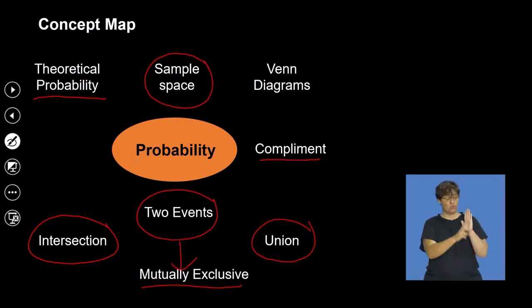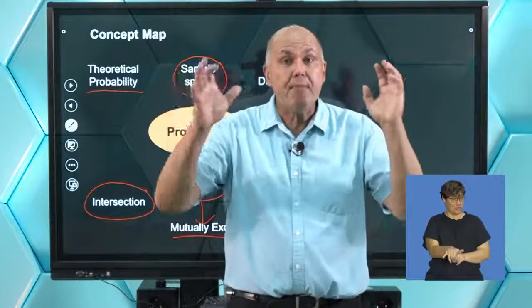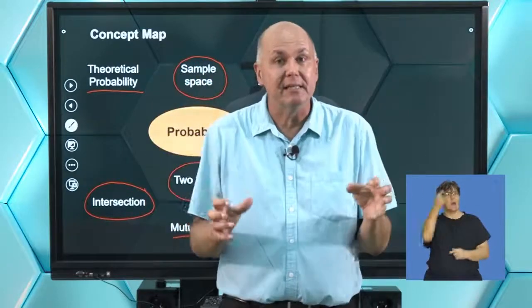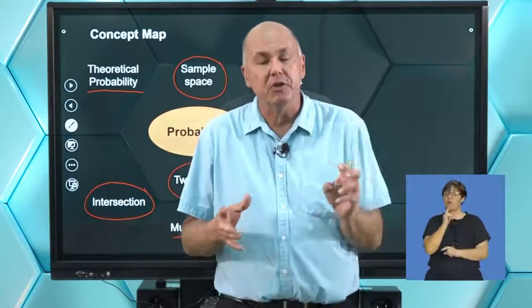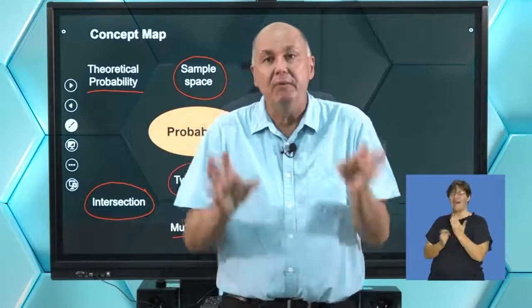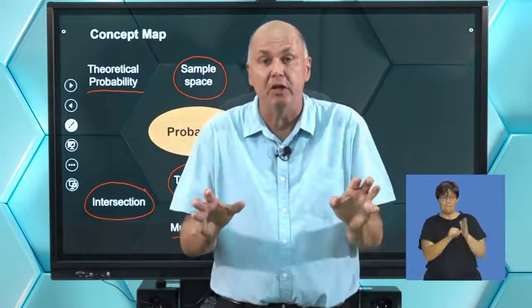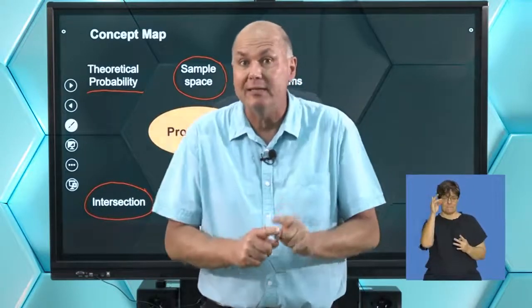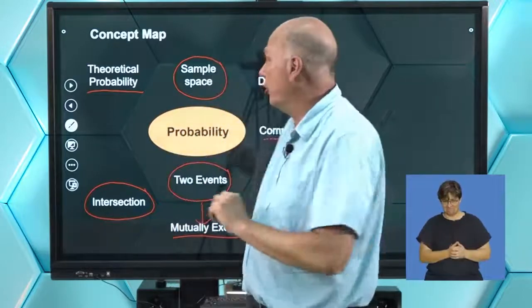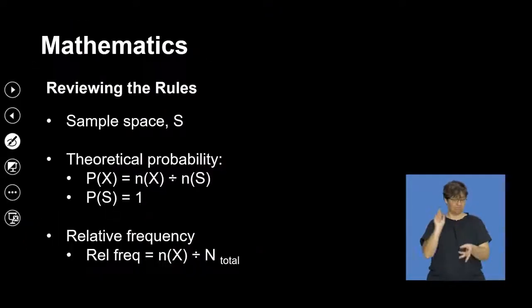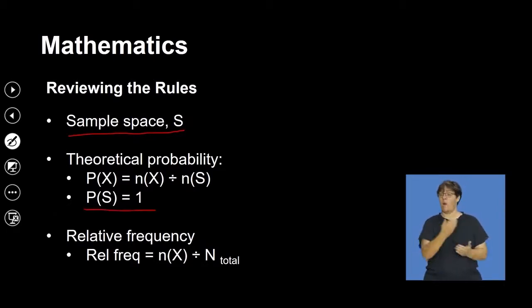So make sure that you've got these key big building blocks in place so that when you do a question, you can relate back to them and pick up the key terminology that will help you get the right answer. So let's just do a quick review of the important factors. Remember, we've done this lots of times. The sample space is represented by S. We say that the probability of the sample space is 1.